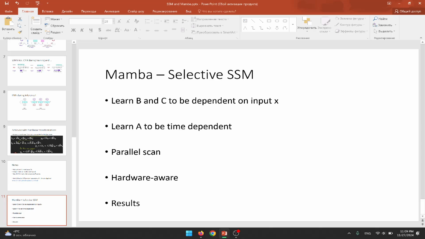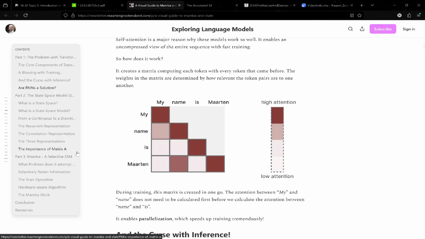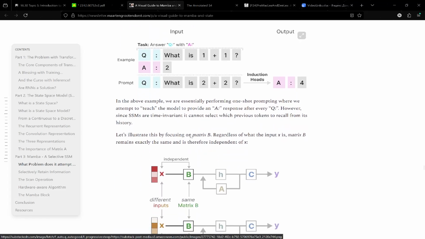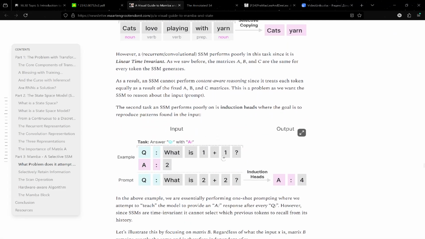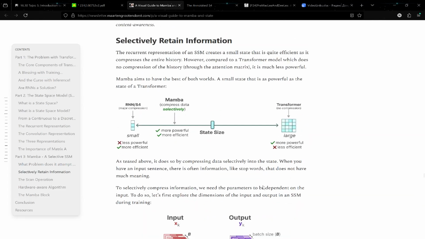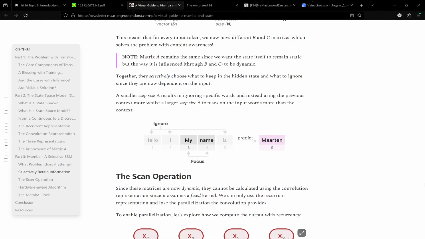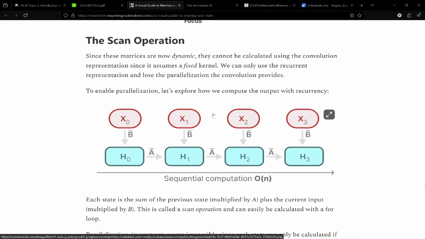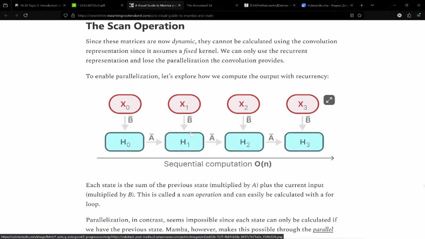Let me see the picture. So here it talks about how it cannot distinguish between a sequence of tokens. And here they talk about the scan operation. Before in SSM, we have the linear transformation and we apply the same matrix several times.